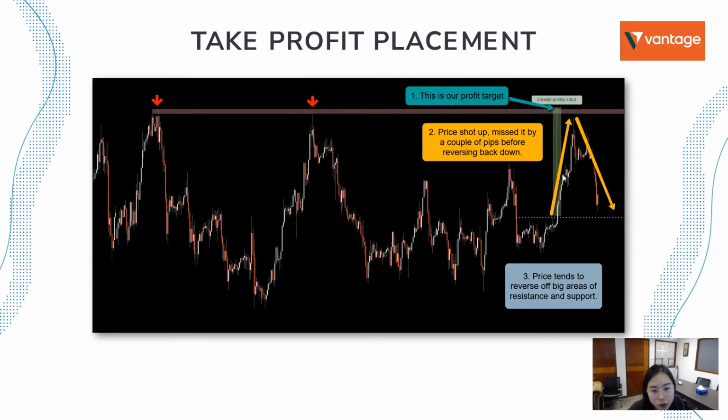Sometimes it's kind of like a magnet. It moves up close to that resistance area and just reverses. So that is such a shame if you put your take profit above that resistance area instead of below, because if you put it below, it's easier for price to hit your take profit.